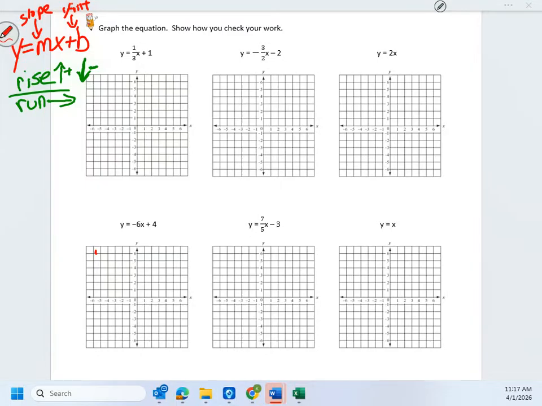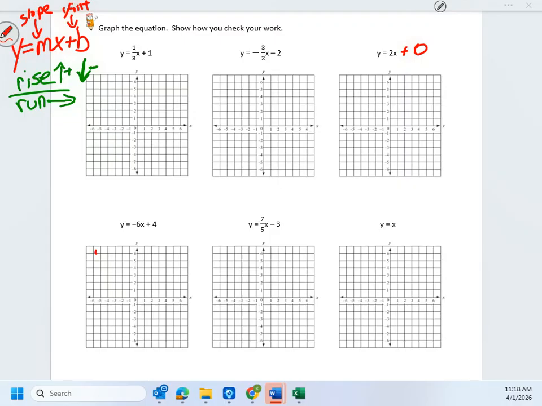Oh, do I have to write plus 0 when I'm writing out an equation? No, because it's not going to change anything. But does it matter here? Yes. It sure does, because we need to know what that y-intercept is, that b. Y equals mx plus b, we need to know the y-intercept.